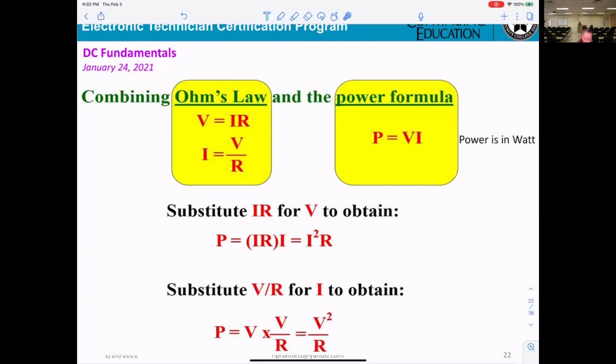P equals I squared times R. In this formula, P must be in watts and I must be in amperes.